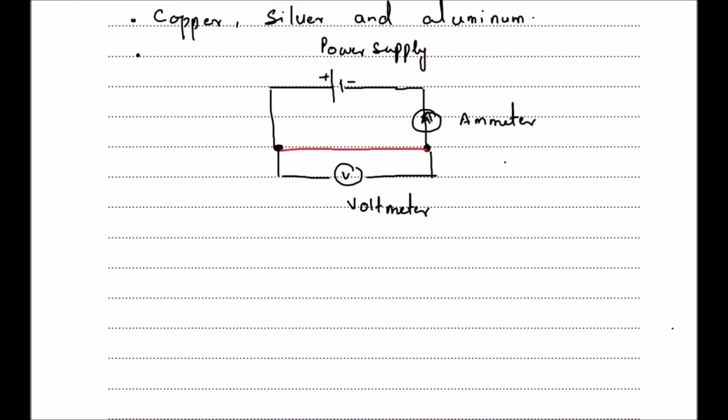This is the circuit diagram you need to investigate the resistance of wires. This is the power supply, and the metal wire whose electrical resistance you are going to investigate. A voltmeter to measure potential difference across the wire, and an ammeter to measure current through the wire.